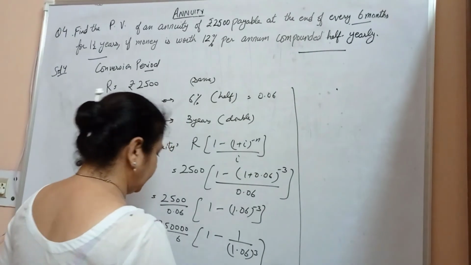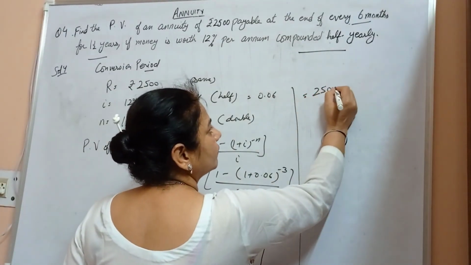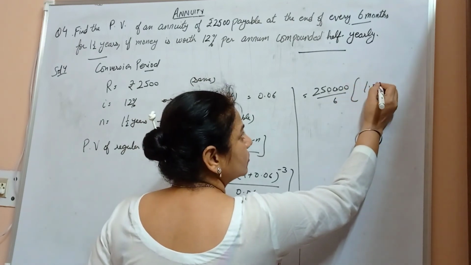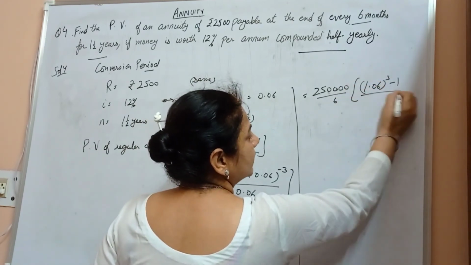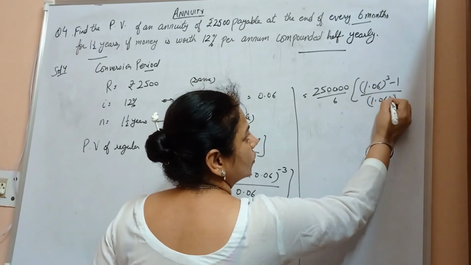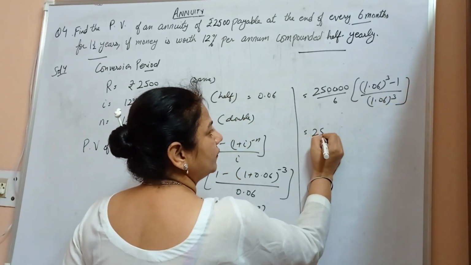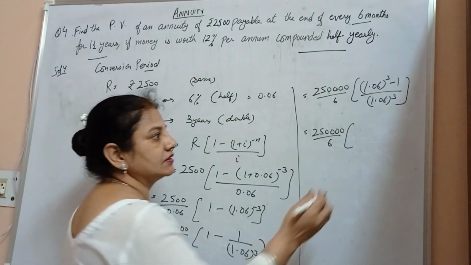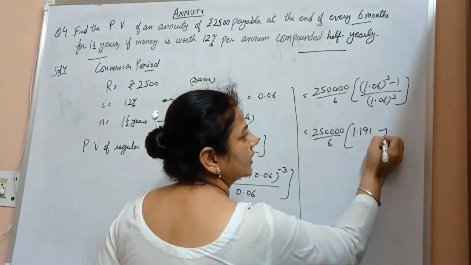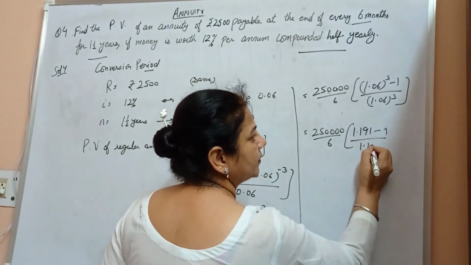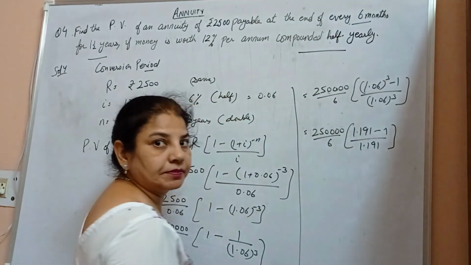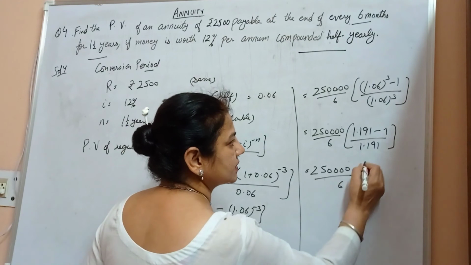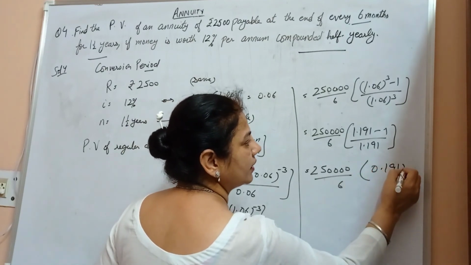Then on solving, we get 2500 divided by 0.06 times 1.06 whole cube minus 1 upon 1.06 whole cube. 1.06 whole cube gives the result as approximately 1.191. So here we get 2500 divided by 0.06 times (1.191 minus 1) upon 1.191.